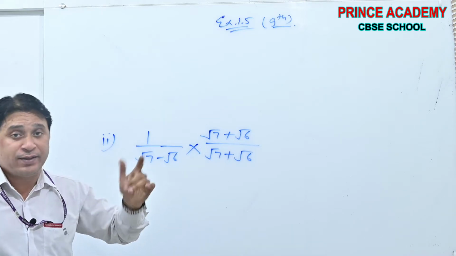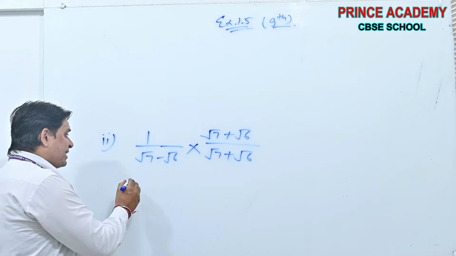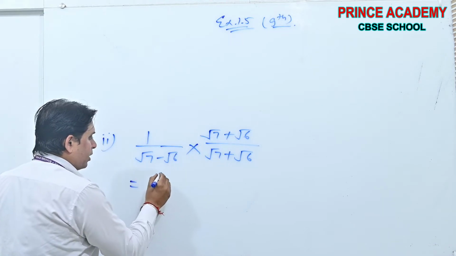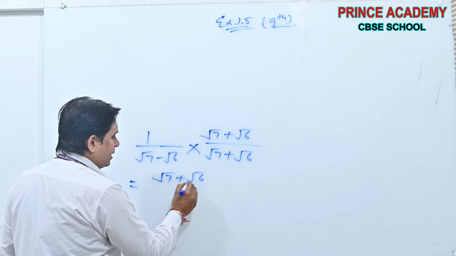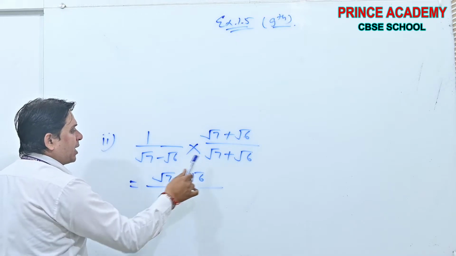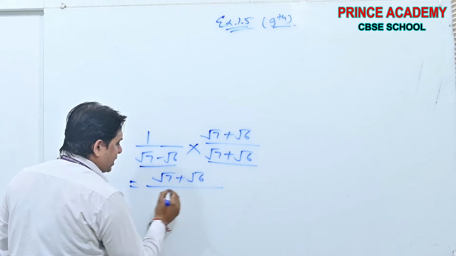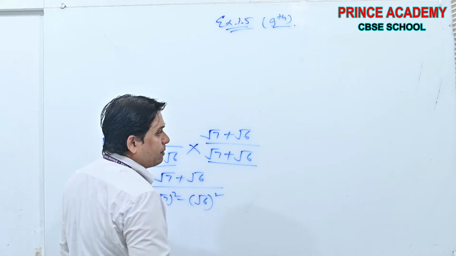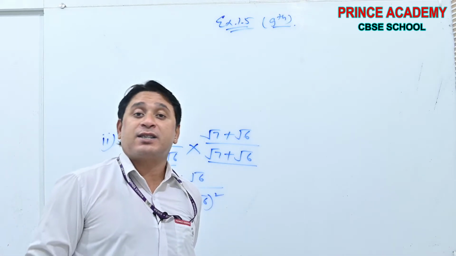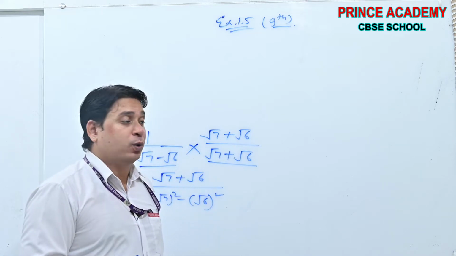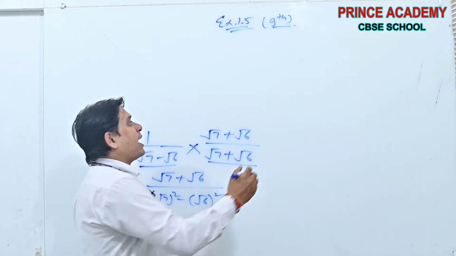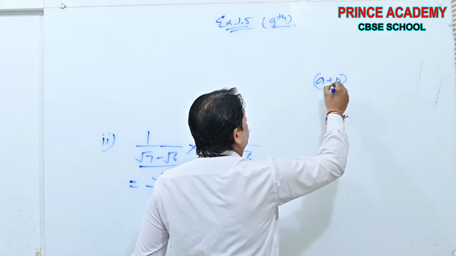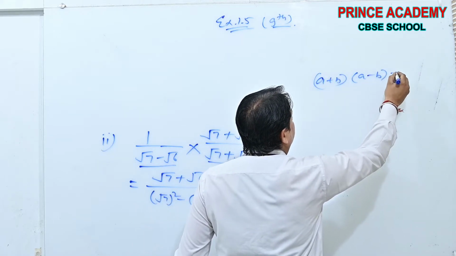Okay. Second thing, if we see this into this, root 7 plus root 6, but if you see the denominator, a minus b, a plus b, a square minus b square. Do you remember in the first sum when we used a square minus b square? I told you that this is very important and it will help you in further questions.